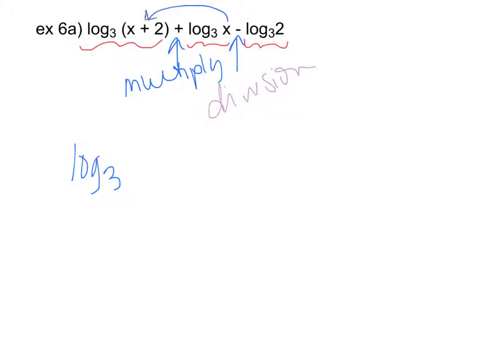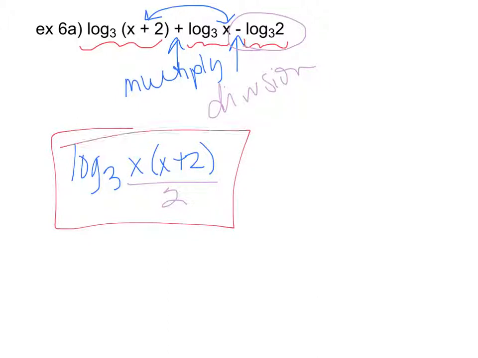This x and this x plus 2 get multiplied. Then you have this division here, so you take the two things that are multiplied and you divide it by a 2. The kicker to these problems is when it's all said and done, you have a single logarithm.